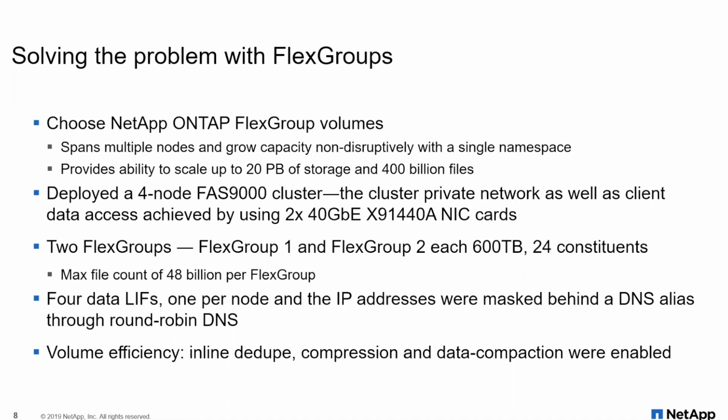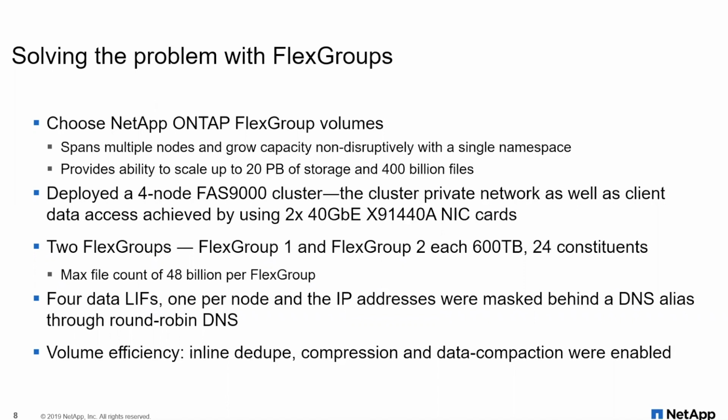We then deployed 2 FlexGroups. The reason we did 2 is more an application requirement than anything else. They wanted 2 FlexGroups of 600 terabytes each, 24 constituents, and we maxed out the file count to 48 billion per FlexGroup.